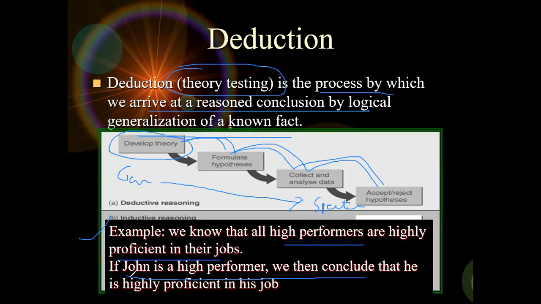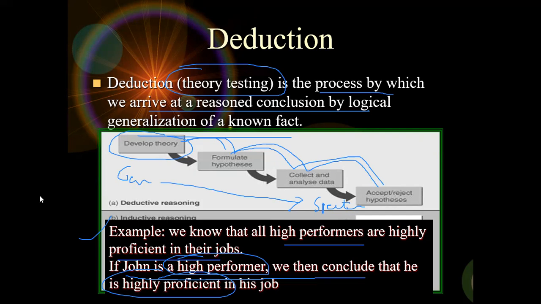Let's collect the data about Mr. John and then analyze the data and see whether the relationship between proficiency and performance exists or not. Right? So we collected the data about Mr. John and then concluded that since Mr. John is a high performer, it means he is a highly proficient person. So from a generalized statement, we can give a specific conclusion. So this is deduction, in which we test a generalized statement in a specific environment.